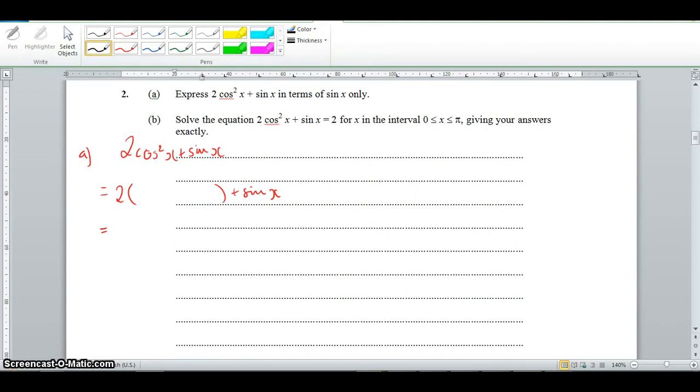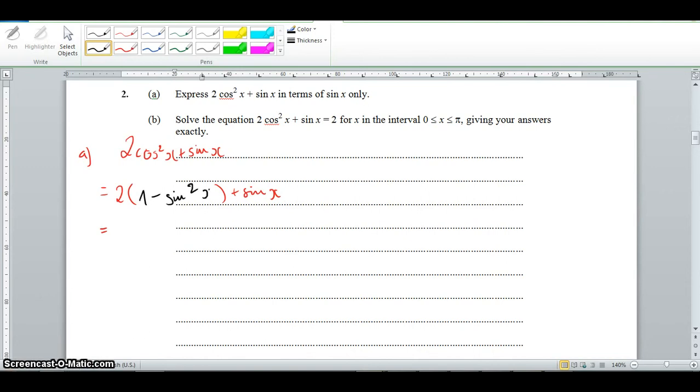Alright, so in question 2 I've copied out this expression, and I'm looking for things that I can replace. Clearly I don't want any cos x, let alone cos square x, and I can replace cos square x with the Pythagorean identity.